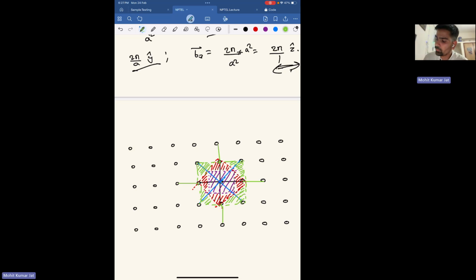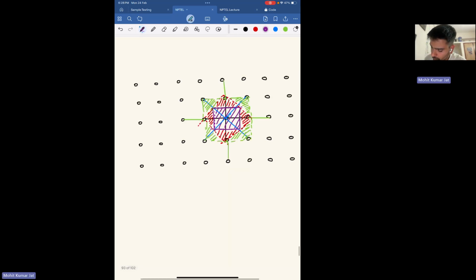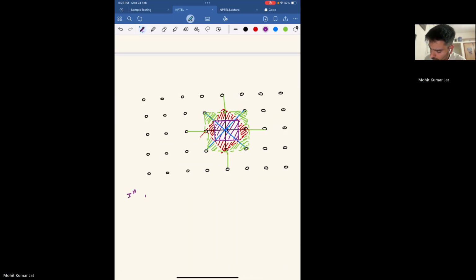So if you do a little bit of math, this is the area. If we consider this area, this will be a square. The first Brillouin zone area will be 2 pi by a times 2 pi by a, that will be 4 pi square by a square.